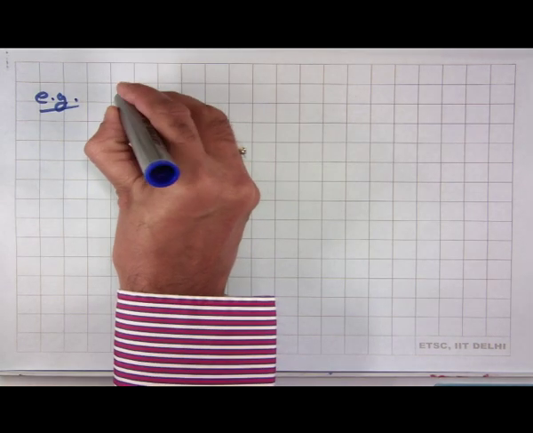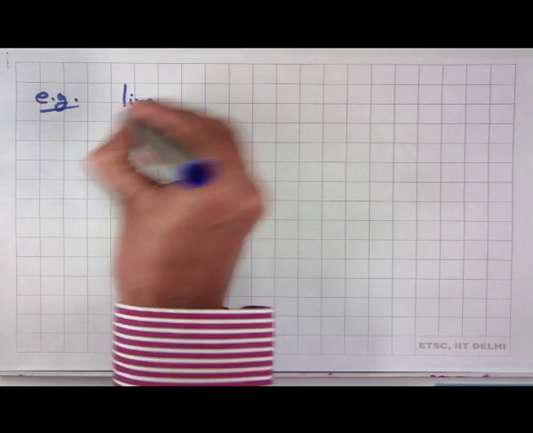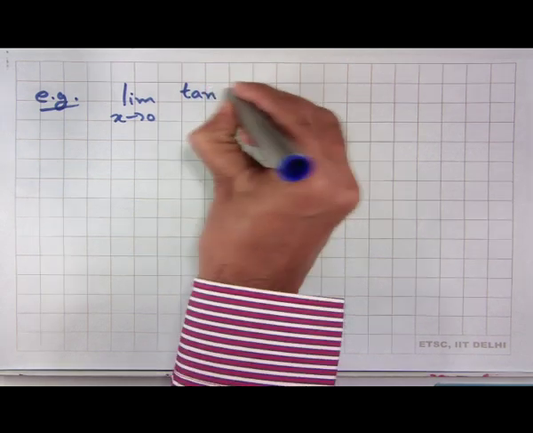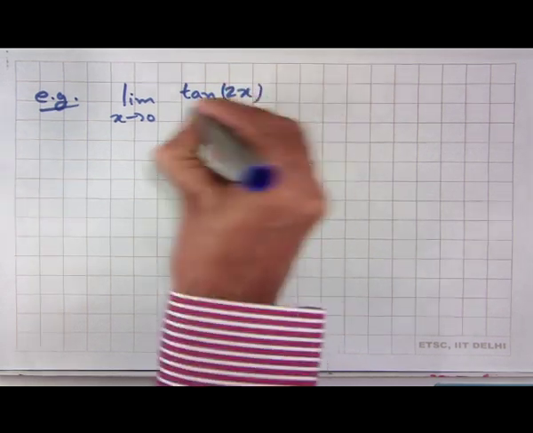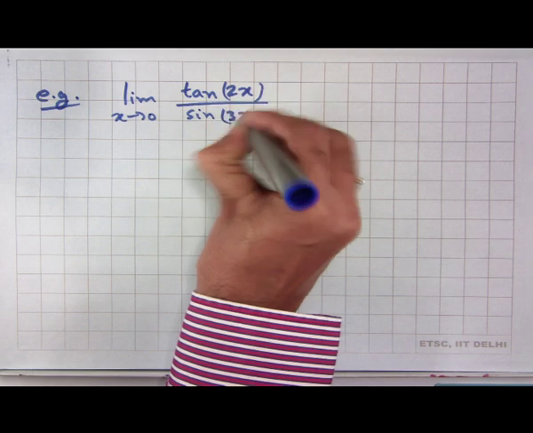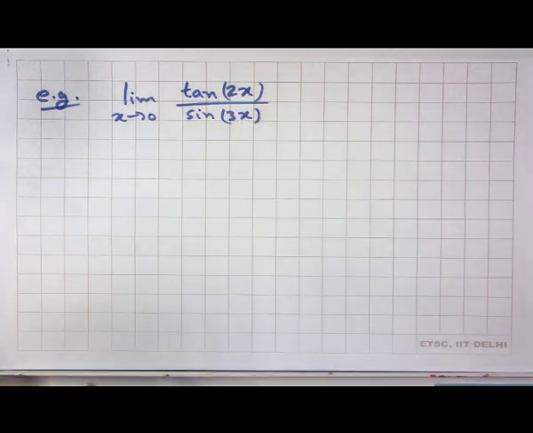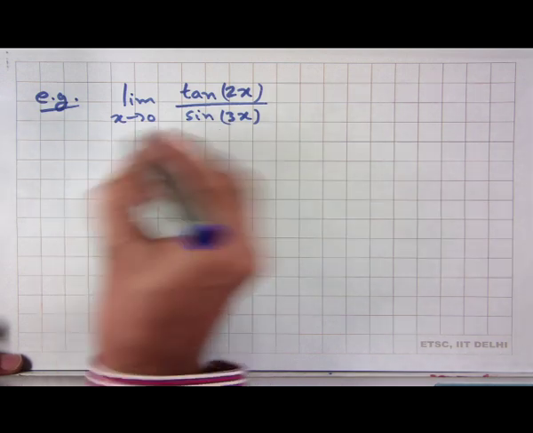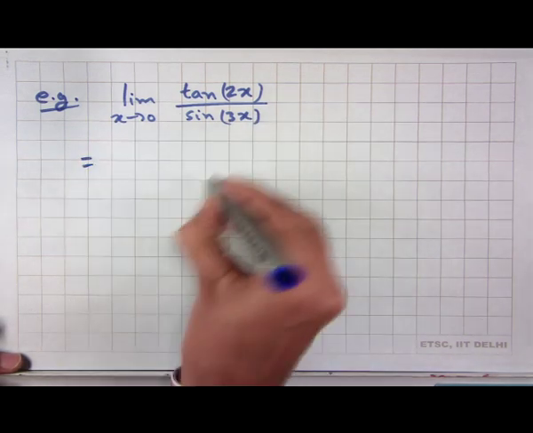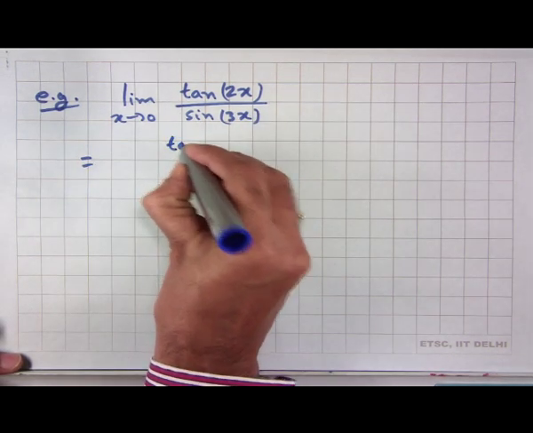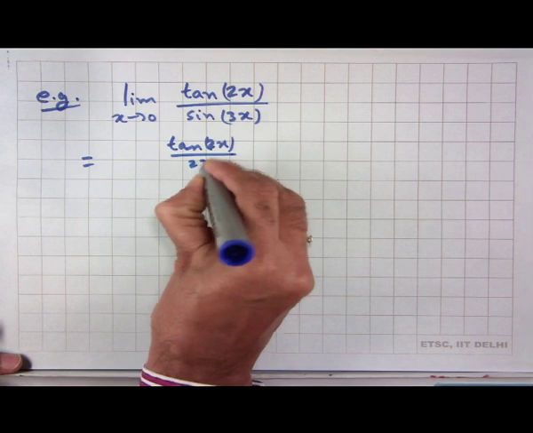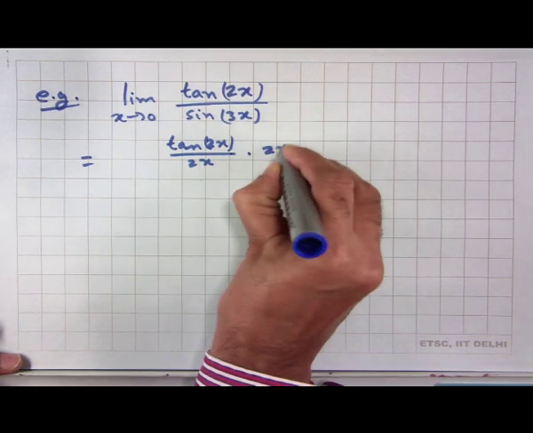So, what is the limit of tan 2x divided by sin 3x? We can write this as follows.